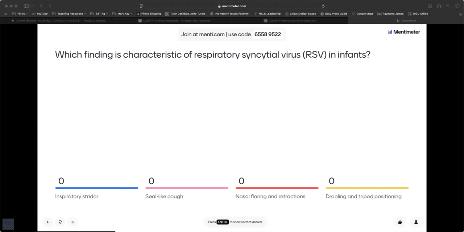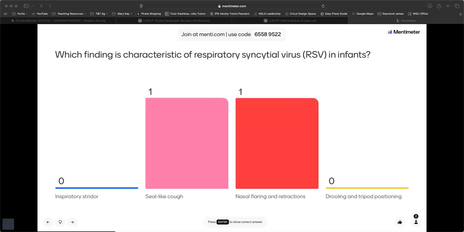So, which of these findings is going to be characteristic of RSV in infants? Super common respiratory disorder in infants. Thankfully, now we have some new medications that we can use for our infants to help them during RSV season.